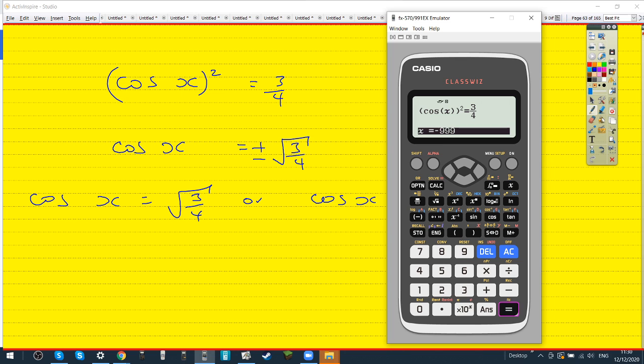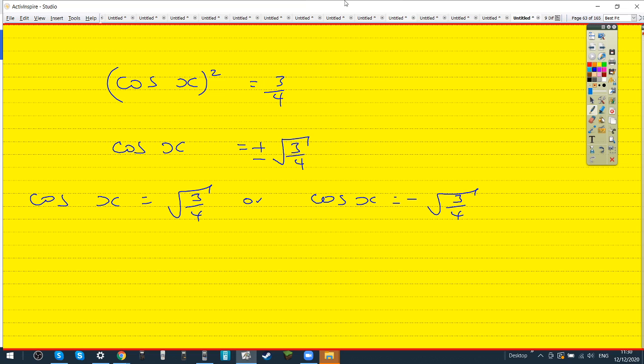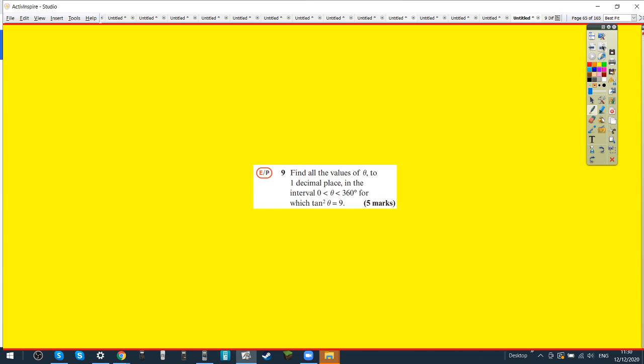Just want to see what happens here. Then you do shift cos answer, and it gives the principal value. So that's a limitation. It's given us just the positive one, because it's giving us just one solution. And so you have to split it in two because of that squared thing.